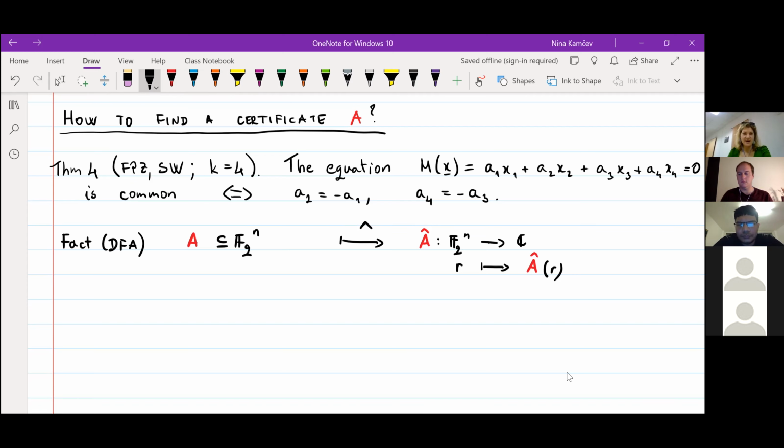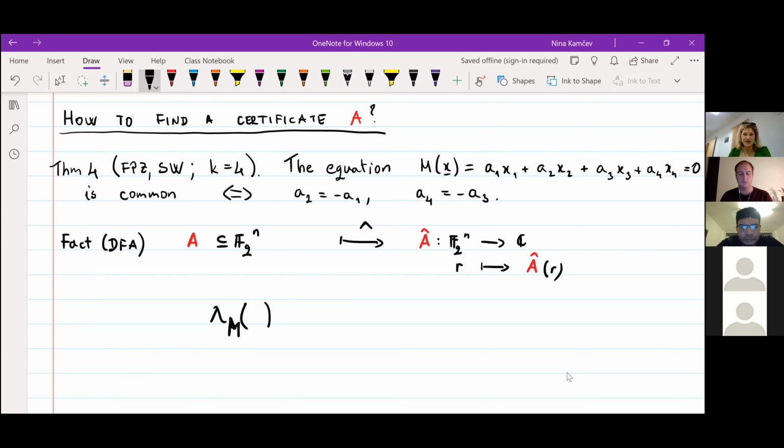Here you have a binary representation of A in what we usually call the physical space. And here, instead of this binary representation, you have a list of Fourier coefficients. But the reason that this specific representation is useful is that now suddenly you can easily count the solutions to any linear equation.